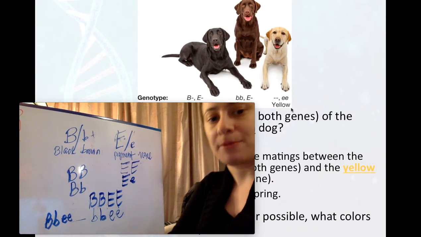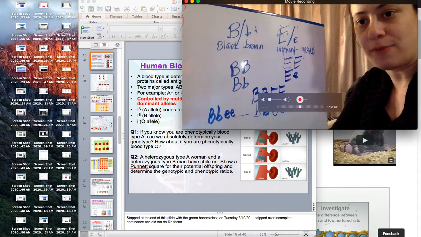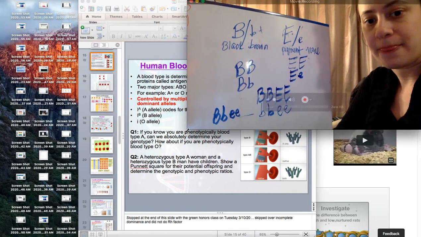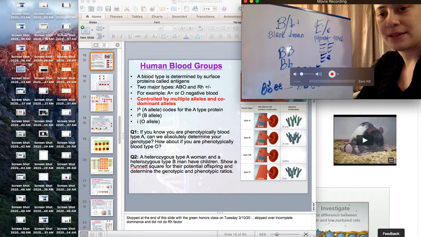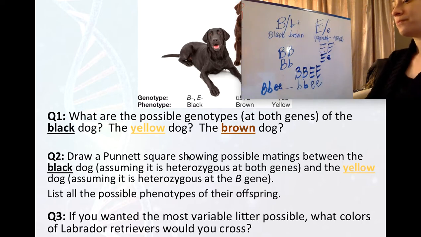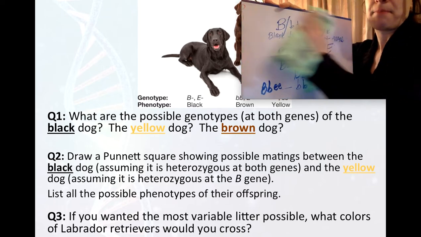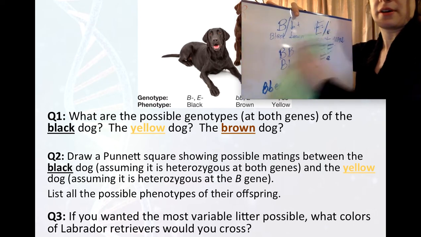All right, so problems to solve. What are the possible genotypes at both genes of the black dog?